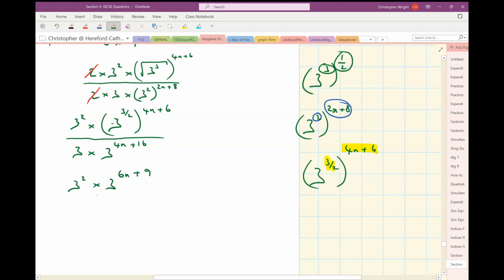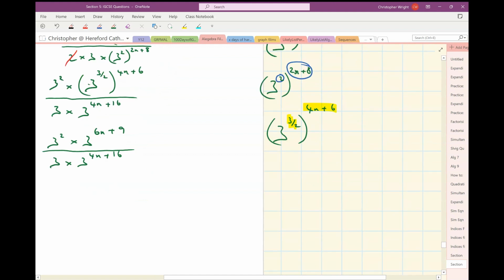And that is all over 3 times 3 to the power of 4n plus 16. Okay. Right, well, I can simplify the top here just by adding these indices, can't I? I can do 3 to the power of something times 3 to the power of something else. Add those indices, I'm going to get 3 to the power of 6n plus 11.